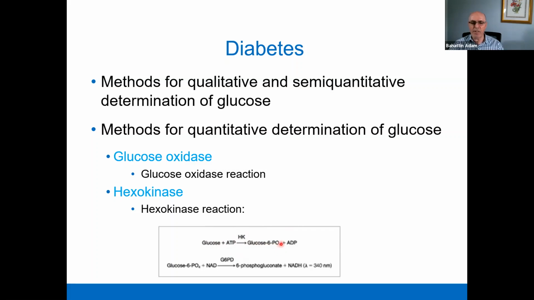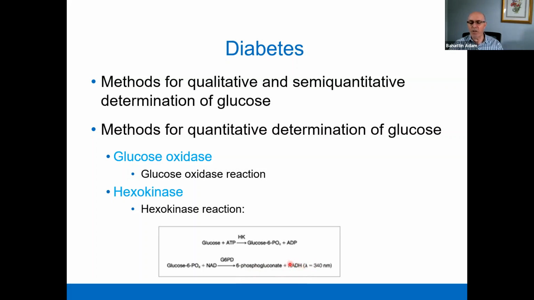In the second step, you add NAD, nicotinamide adenine dinucleotide, and glucose 6-phosphate dehydrogenase, other enzymes, and then you will create 6-phosphogluconate and, most important, NADH.